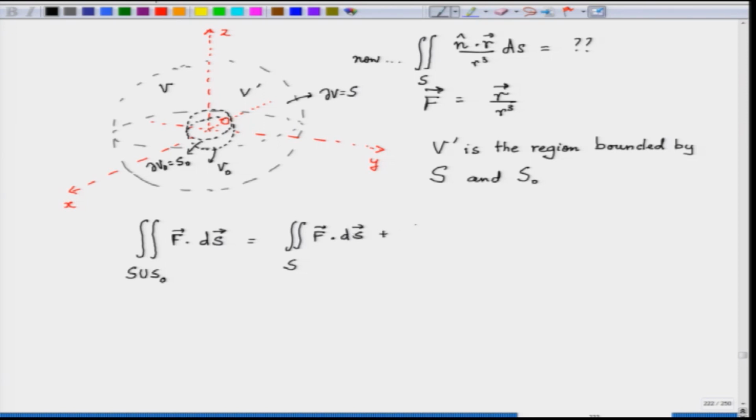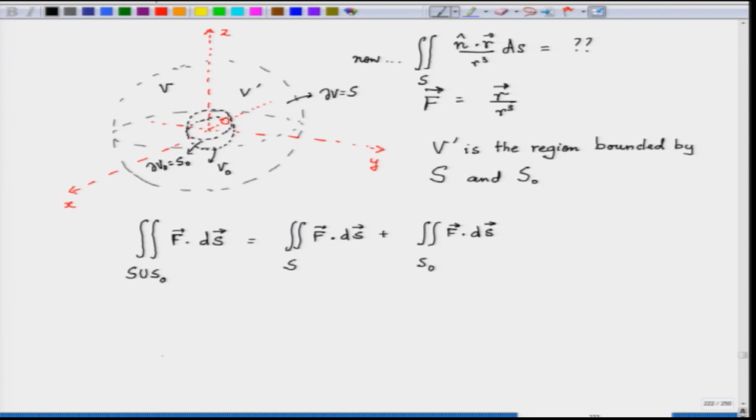Just like for a line integral, if you have disjoint curves, or if you have holes, you do the line integral over each of them separately and add them.